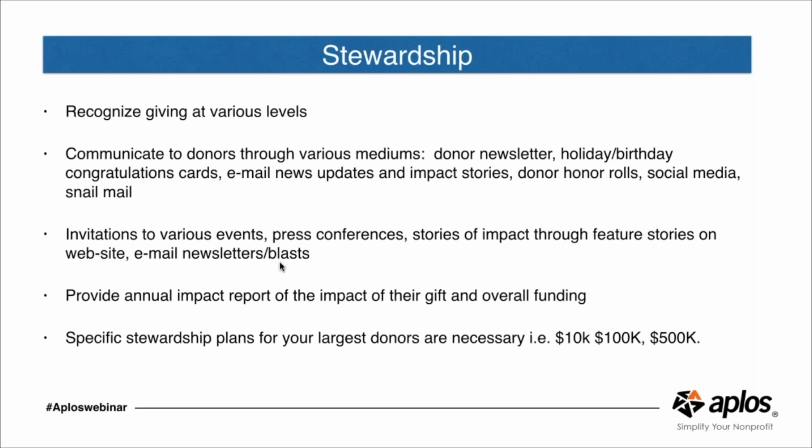You don't want to overdo the emails, especially newsletters. At the same time, I think you want to highlight some great things that are going on in your organization as well. Provide an annual impact report. Some people call this an annual report. One of the ways you can do that, and I didn't talk about it very much on the front end, but I believe that hopefully all of you are doing year-end contribution statements at some level.